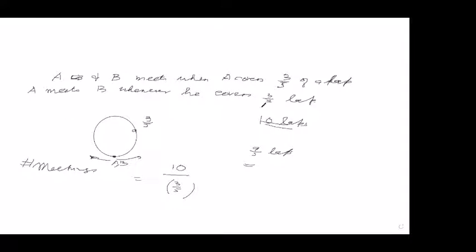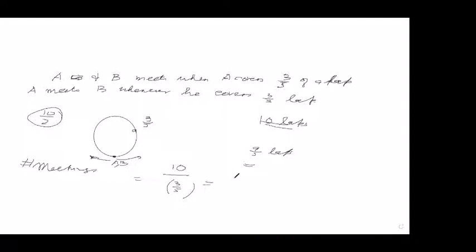If you didn't have a fraction, suppose A meets him whenever he covers 2 full laps. If he covers 2 full laps, he meets him. 4 full laps, he meets him twice. 6 full laps, he meets him 3 times. 10 full laps, you will meet him 5 times. How do you get 5? You divide 10 by 2, and then you will know how many times he meets him. It's exactly the same thing. Now you have to divide 10 by a fraction, because he only does a fraction of a lap, not 2 laps.